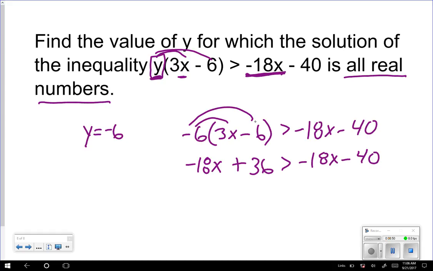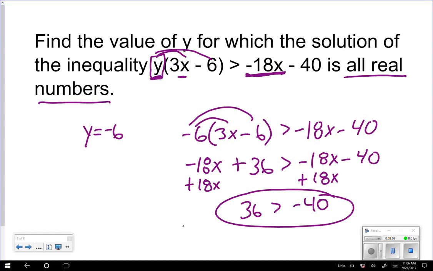Okay, that would be me simplifying. Then to get my variables to one side, I would add 18x to both sides, which would leave me with 36 is greater than, well, these also cancel, so negative 40. Is that true? Yes, it's true that 36 is greater than negative 40, so that would be all real numbers or infinitely many solutions, same thing.